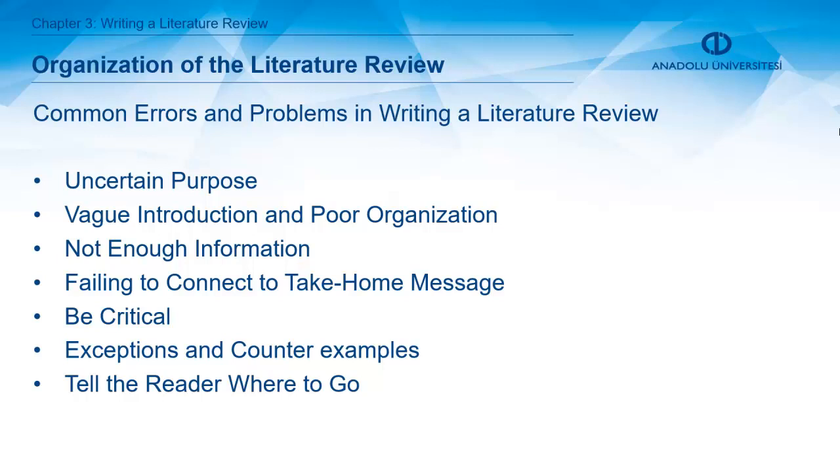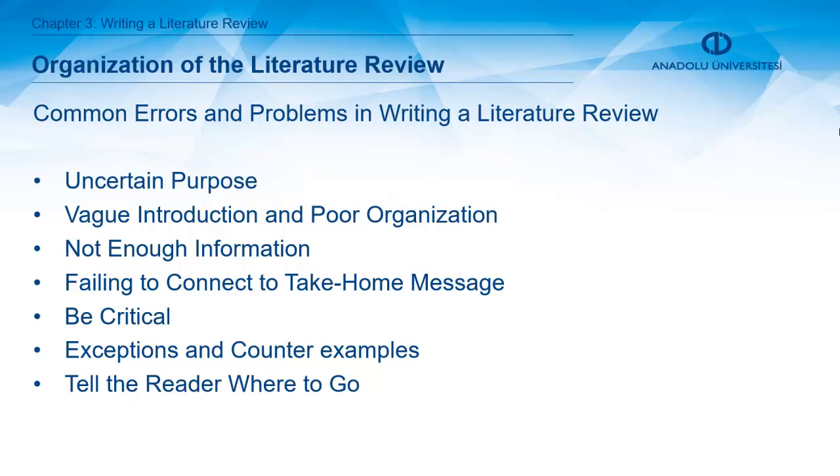You need to be careful about it. Secondly, we sometimes have a vague introduction and poor organization. For example, it starts with a general statement, then comes to specific, then again a very general statement. I mean, you can see that the organization is very poor. For this reason, you need to be careful about the organization of your literature review.